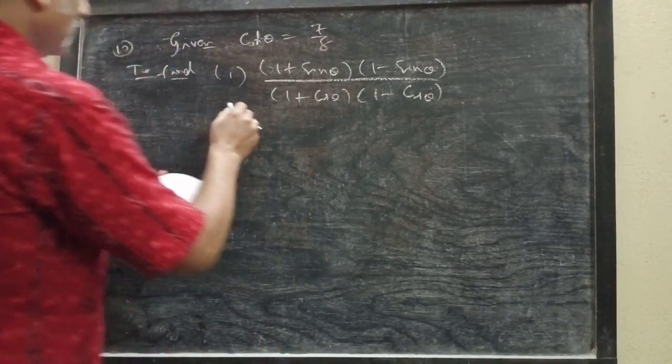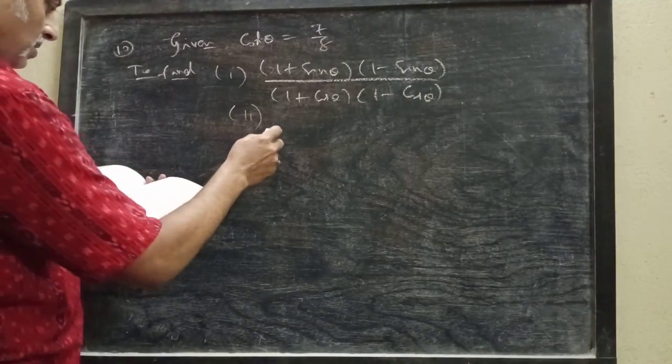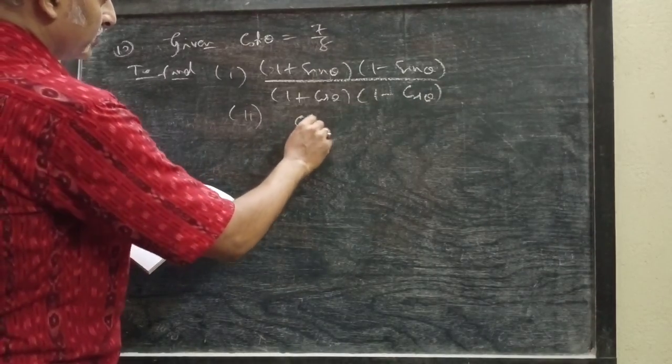This is one. Number 2, you have to find cot square theta.